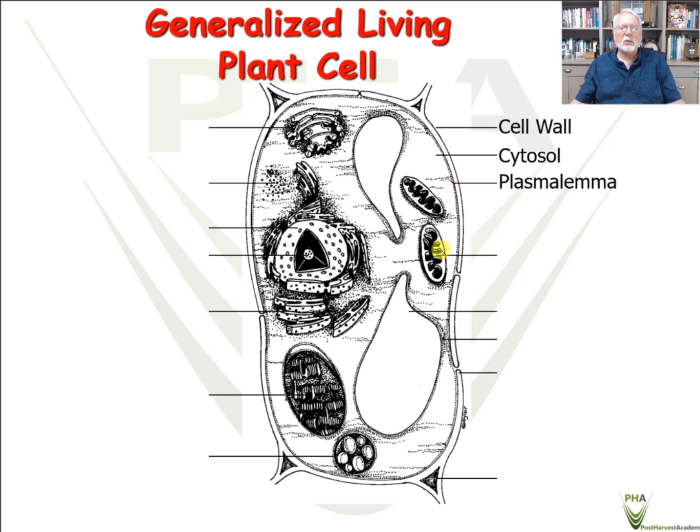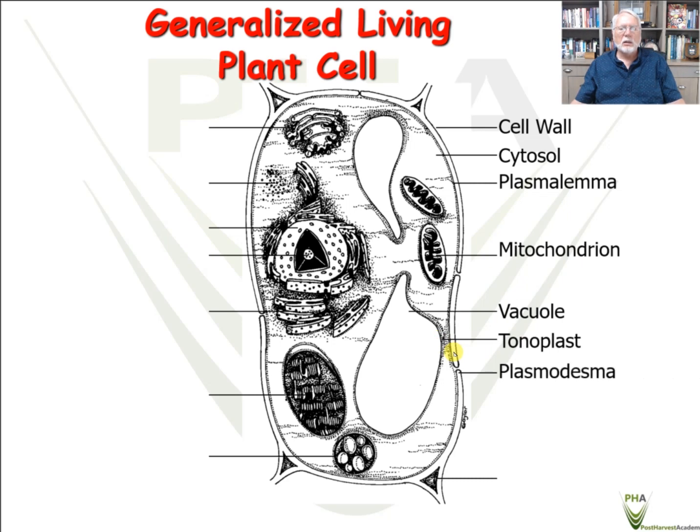Inside the cytosol, we find a number of different components, such as the mitochondria, which is a membrane-surrounded organelle that is responsible for respiration. The vacuole is also a membrane-bound structure that contains water and dissolved substances in the water, and it's surrounded by a membrane known as the tonoplast.